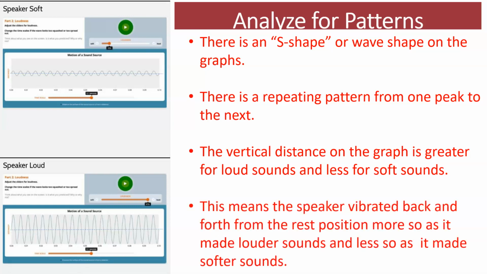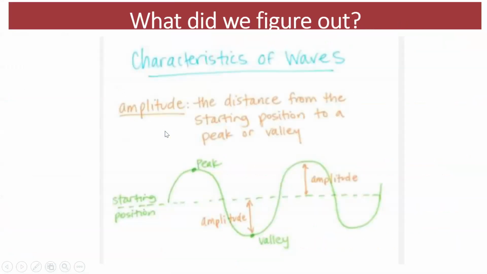Well, it means that when the speaker is vibrating back and forth from the rest position, if it's vibrating back and forth a really large distance, the sound that the speaker is producing is really loud. But if it's vibrating back and forth a smaller distance, then the sound is softer. Okay, so we're really pretty much figuring out what happens when a sound source is making sounds. We know it's vibrating, and now we know how it's vibrating when it's loud or soft.